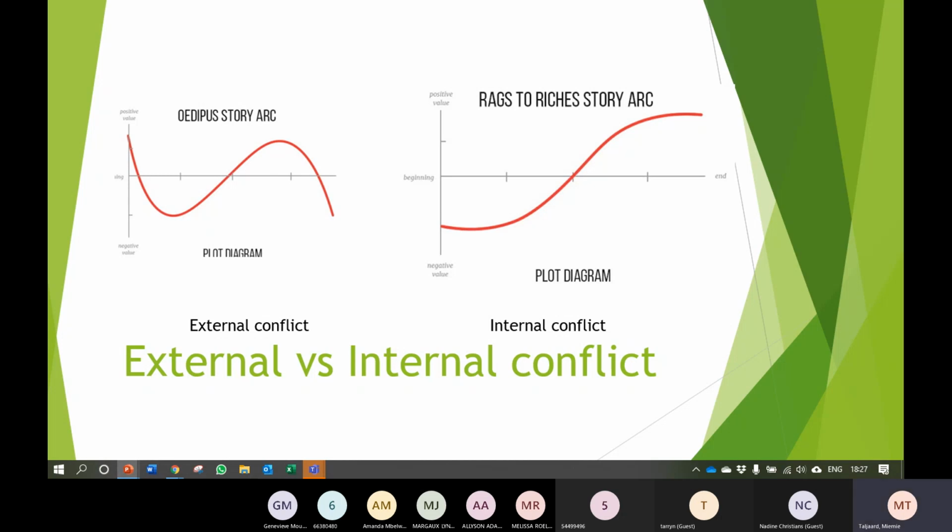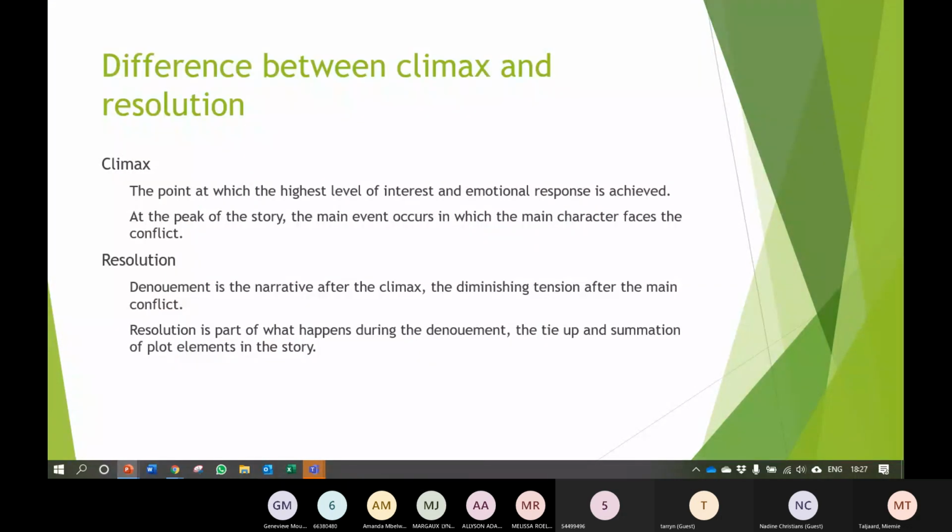But because he has found some kind of peace in his art, in his ability to play the trumpet, he can accept his death gracefully. So the resolution is where he found peace, and then the tie-up and summation of the plot elements in the story.